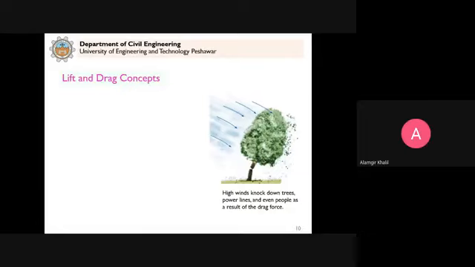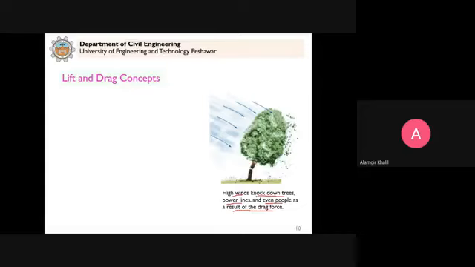As an example shown here, we commonly see that high winds knock down trees, power lines, and even people as a result of the drag force. So commonly when air is blowing at high speed, we encounter these problems.